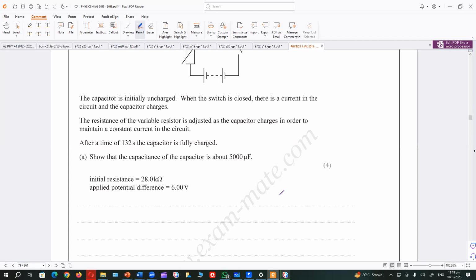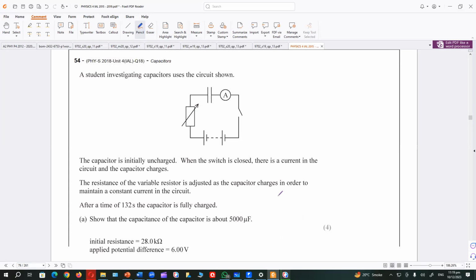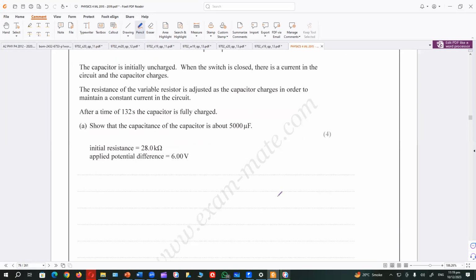Capacitors have Q is equal to CV. What's the Ohm's law formula?